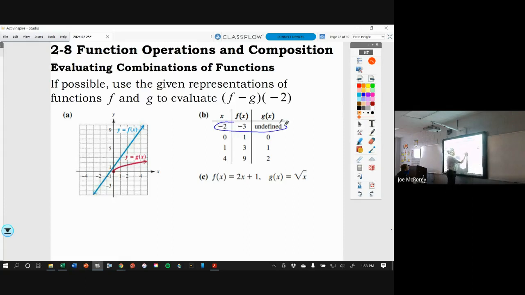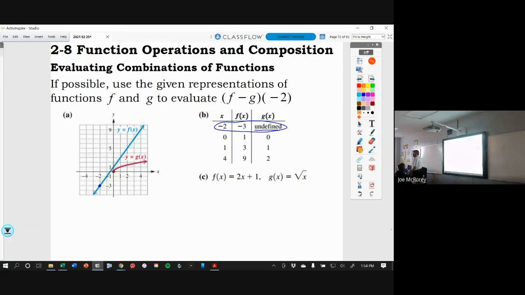By looking at the table, we see that g is undefined. By looking at the graph, when we're at negative 2, here's an f value at negative 3, but where's the red function at negative 2? Doesn't exist. Can't do anything with it. For C, you could probably get away with it. You can just plug it in and go. Or could you? What is the square root of negative 2?